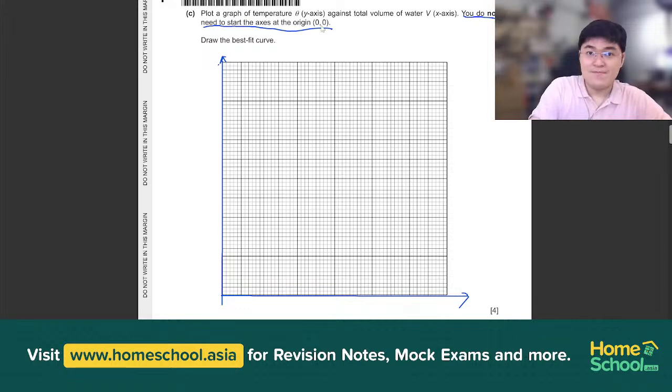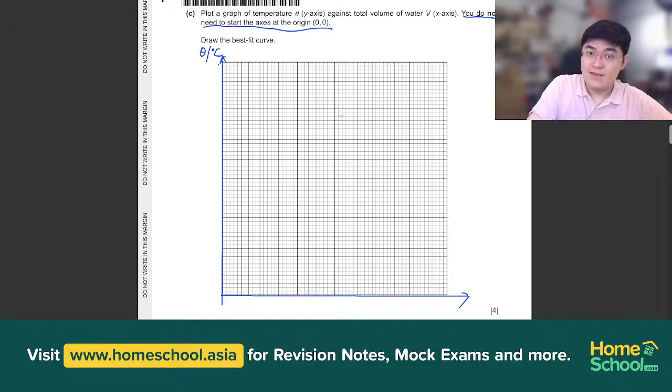Okay, and we are to plot the graph of temperature theta on the y-axis. So theta comes here. And of course, when you label the graph, you must also add the correct units. So the unit is degrees Celsius.